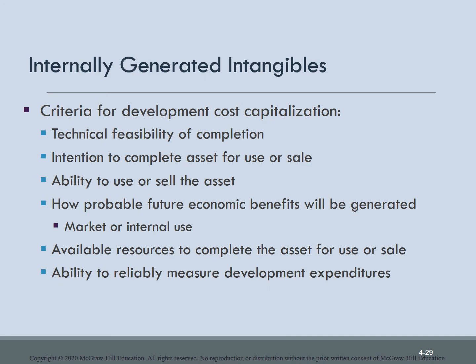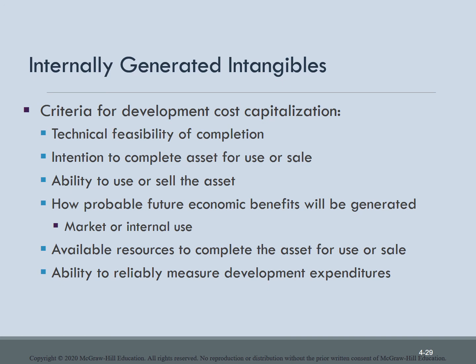In some cases, those probable future economic benefits are going to be generated by selling it or by the market, but it could also have internal use. So you have to have the available resources as well as technology to complete the asset for use or sale, and you have to be able to reliably measure your development expenditures.